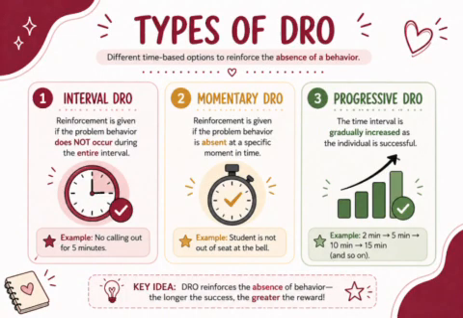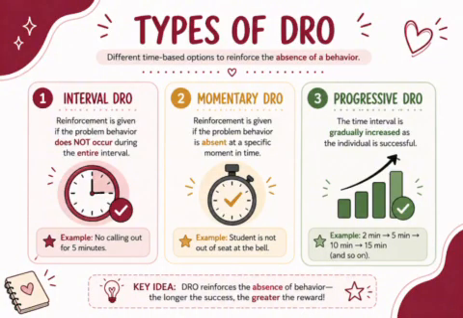With interval DRO, reinforcement is given if the problem behavior does not occur during the entire interval. For example, if you set an interval for 5 minutes, they will have to go the 5 minutes without calling out.